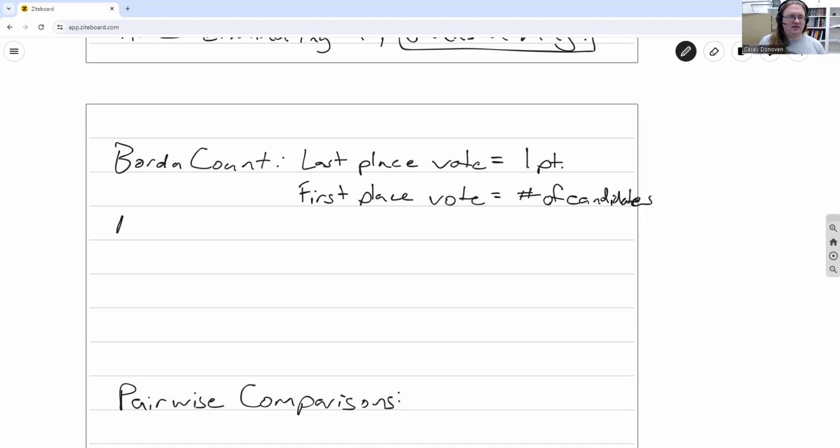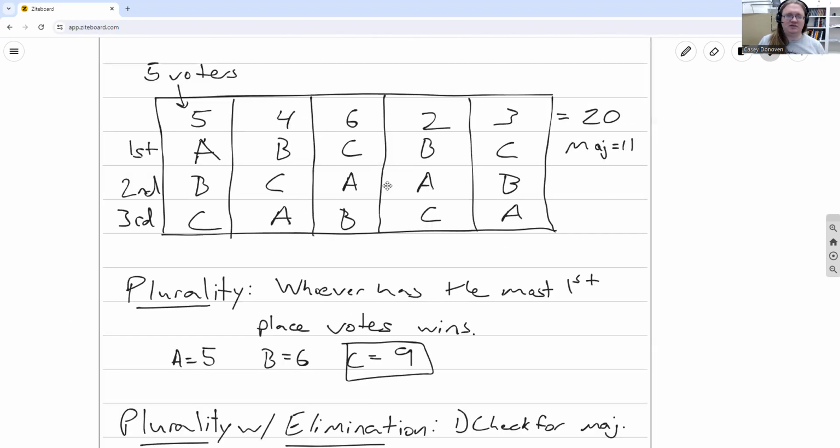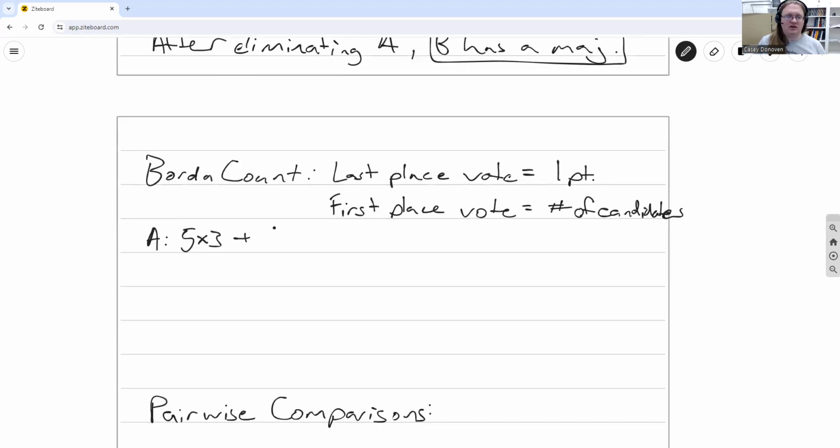Every first place vote is worth the same number of points as the number of candidates, so there are 3 candidates here. So 5 first place votes at 3 points each, another 8 second place votes, each one worth 2 points, and then 7 last place votes, each one worth 1 point. So that's 15 and 16 is 31, plus another 7 is 38 points for A.